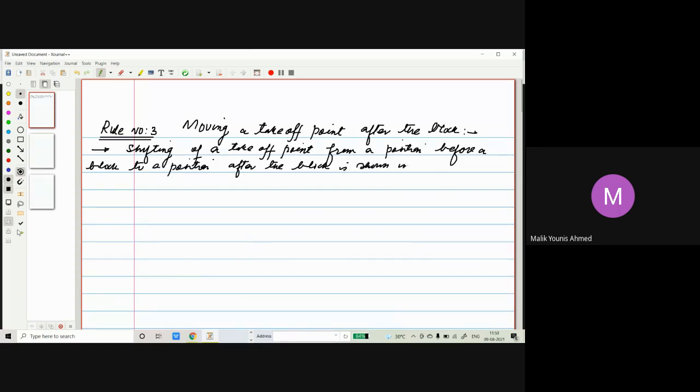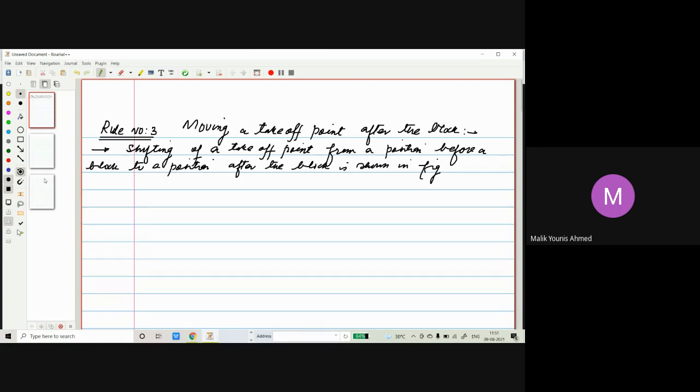Let's draw the figure for it. The rule is we need to shift the takeoff point from a position before a block. That means a block with a transfer function is there, and after the block we need to move it.